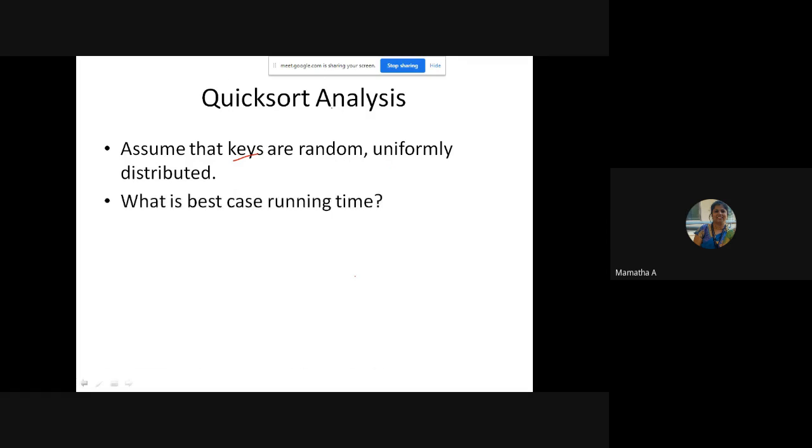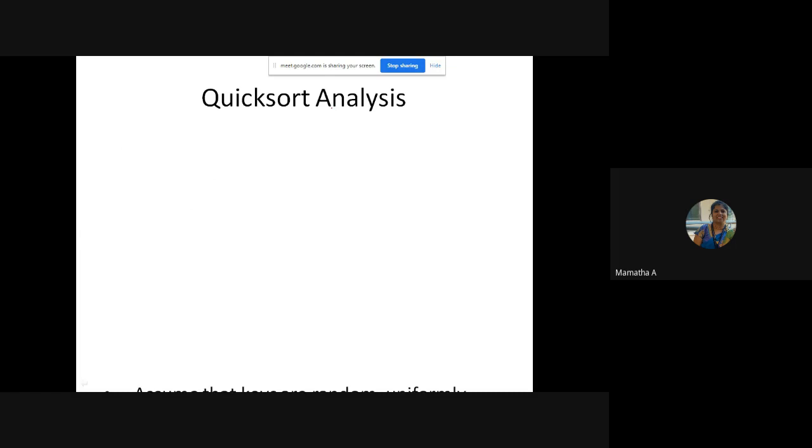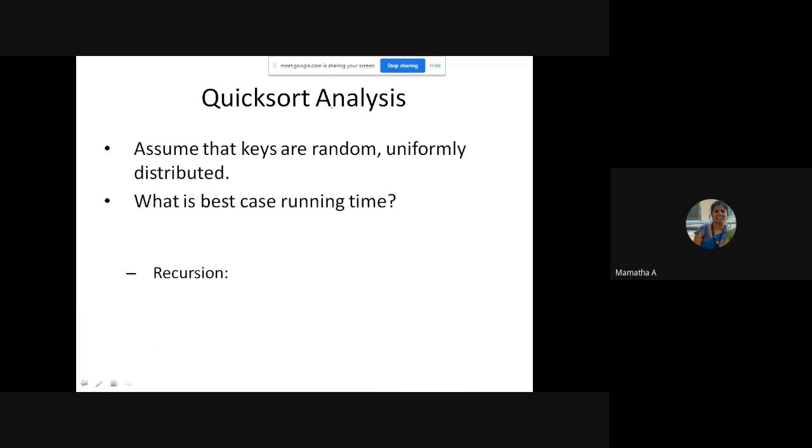So what is the best case running time? Or I can tell, when does this best case running time happen? Basically, the best case running time will happen whenever your array is divided into exactly two halves, that is, each of size n by 2.